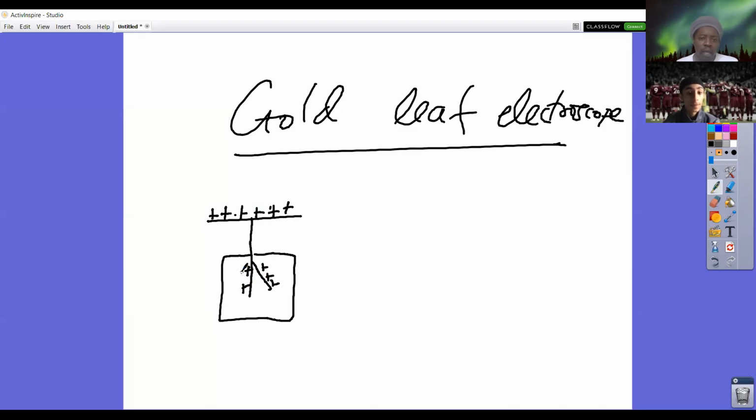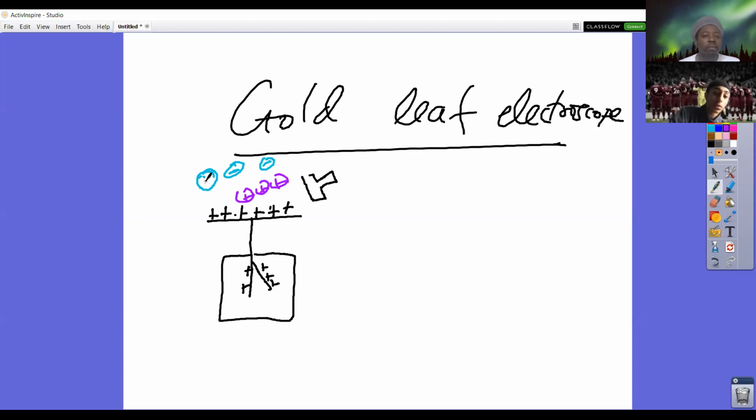If I bring a radioactive source next to it, the radioactive source is going to ionize the air around it. So what is it going to produce? It's going to produce negative ions, and it's also going to produce positive ions. So what do you reckon is going to happen?